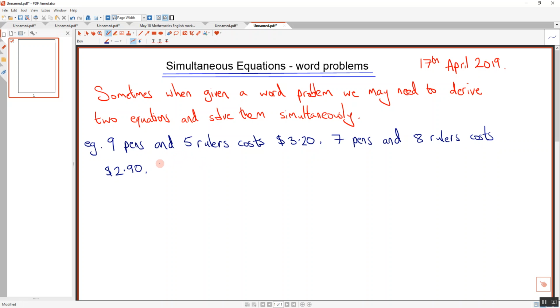And what we have to do is find the cost of 1 pen, and the cost of 1 ruler.